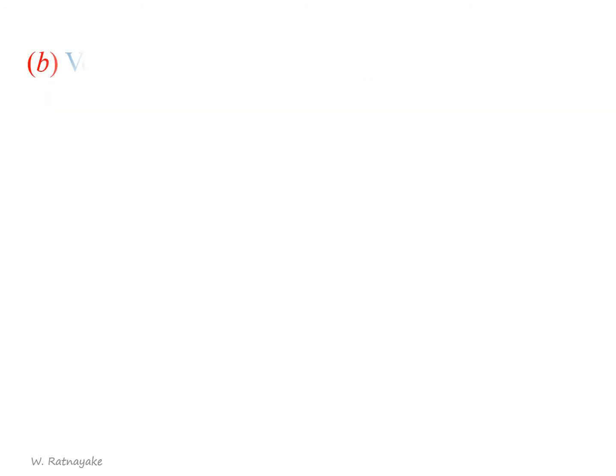Part B is that the metal cone is melted and made into small spheres with radius 1.5 centimeters. Now the volume of a sphere is 4 upon 3 pi r cubed.